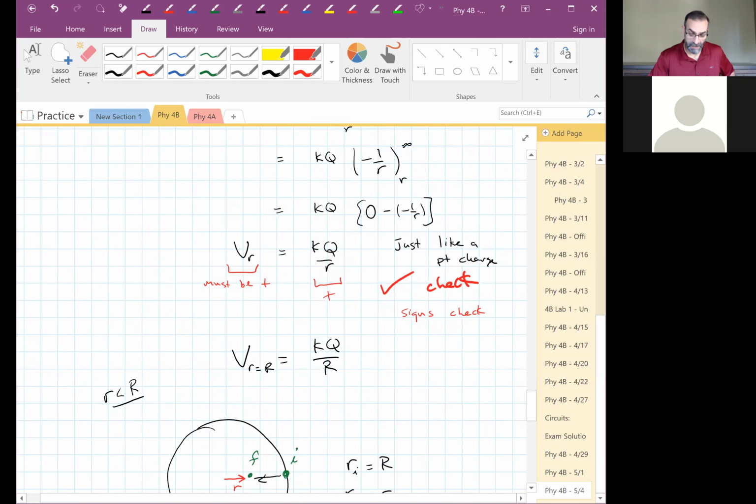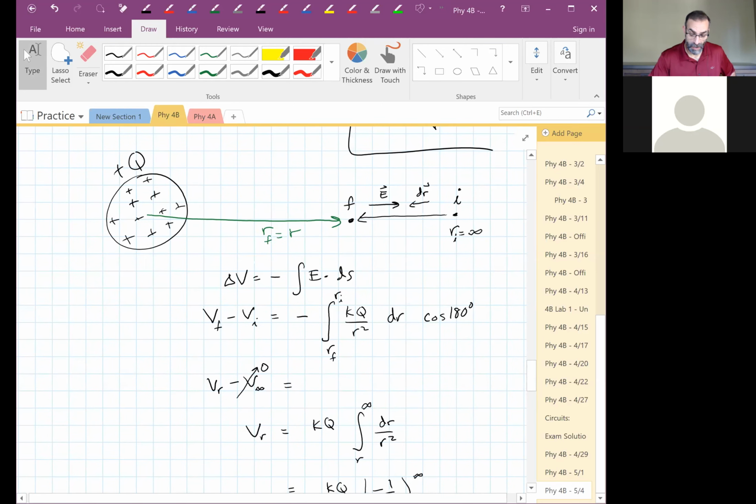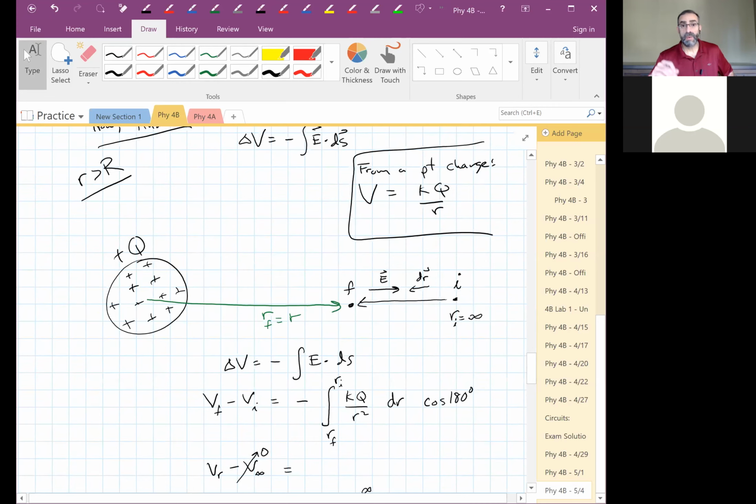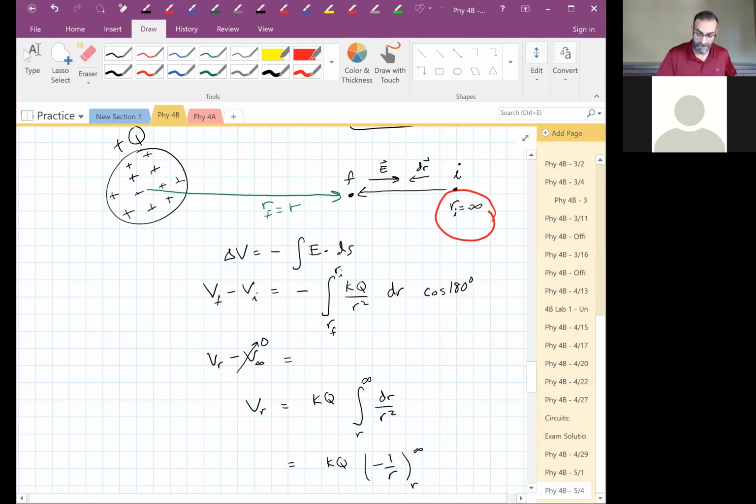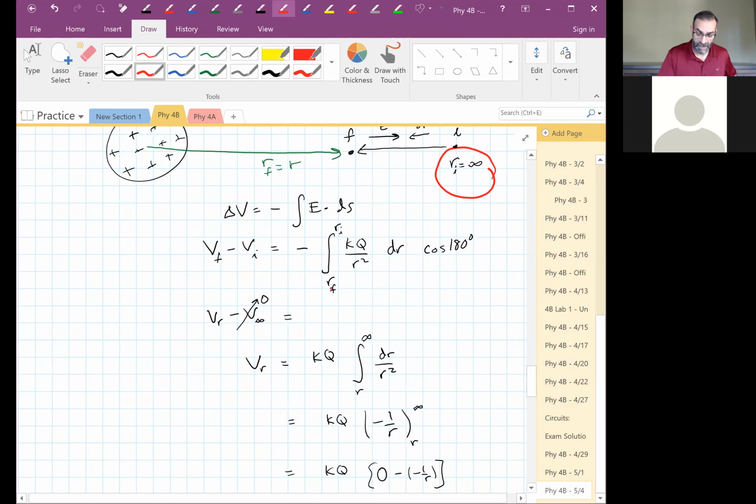Why is one of them infinity? Because you always start where you know what the potential is. In this problem, we were given that V equals 0 at infinity. So our initial is infinity, and then when we integrated, that's where we start.